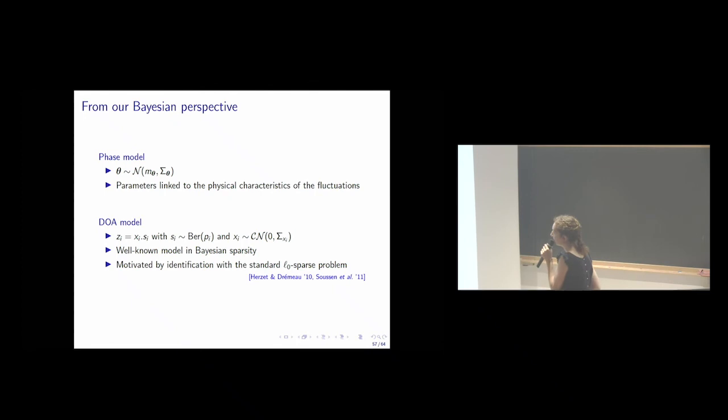And if the Bernoulli parameter is getting to 0, then we don't have any contribution of the source. As I said, this model is well known in Bayesian sparsity, and has been motivated by the identification with the standard L0 sparse problem, if you are familiar with this kind of representation.